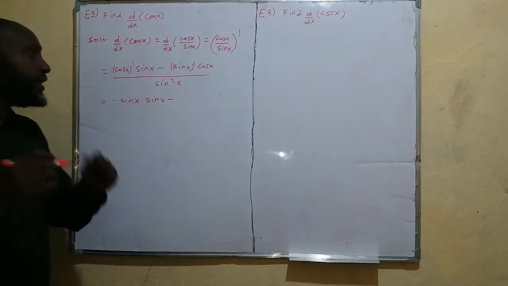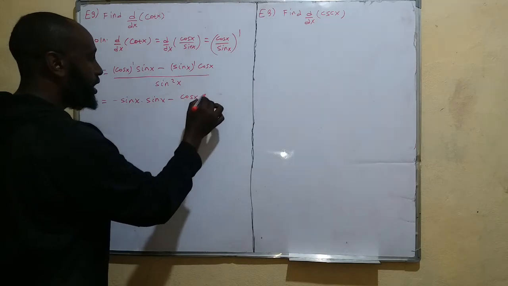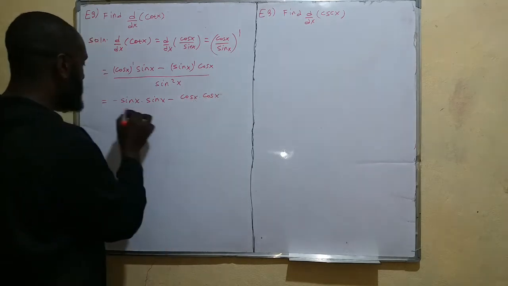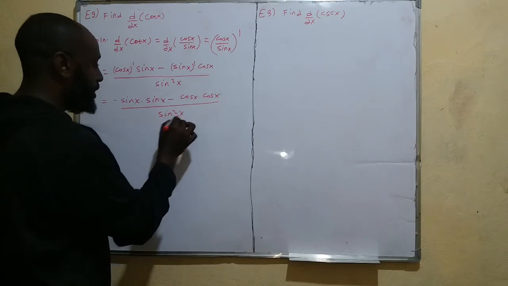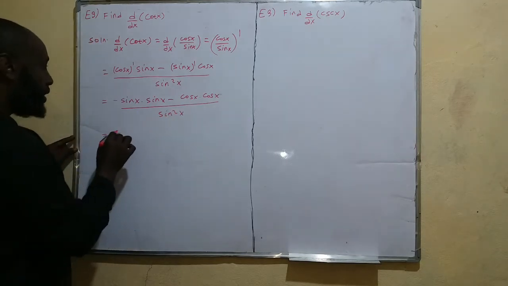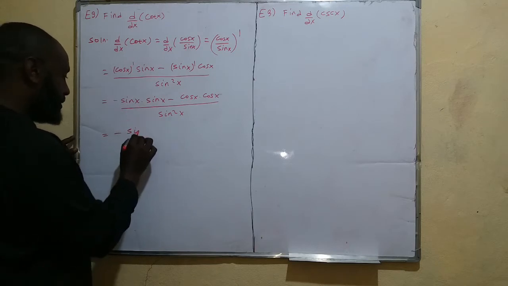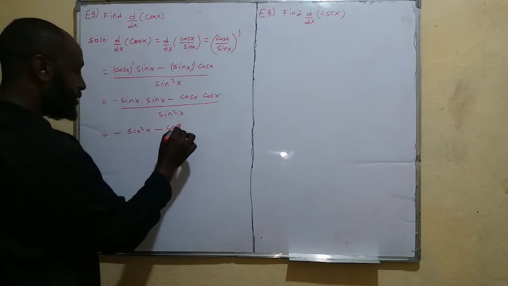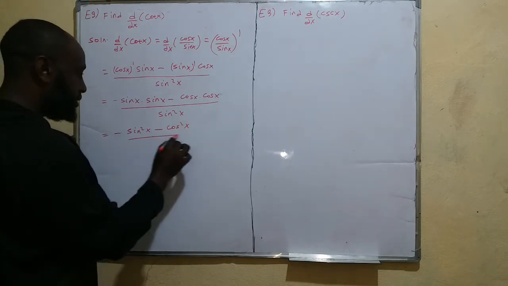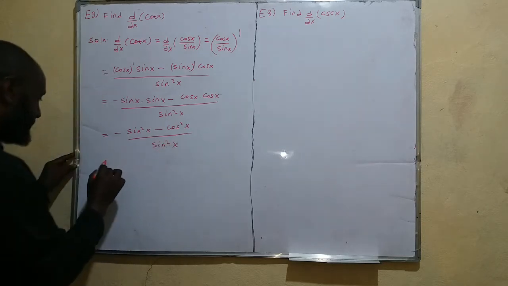Minus the derivative of sin x, again remember, is cos x, times cos x, over sin square x. This is equal to minus sin x times sin x is sin square x, minus cos square x, over sin square x.